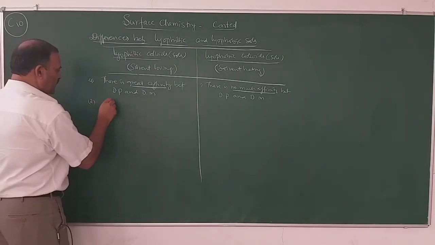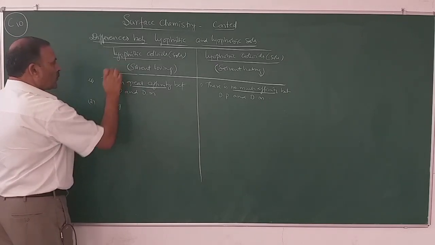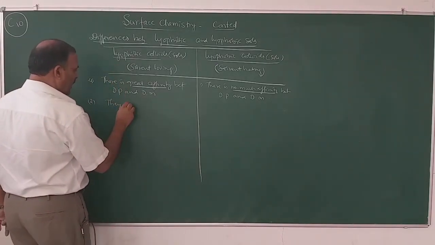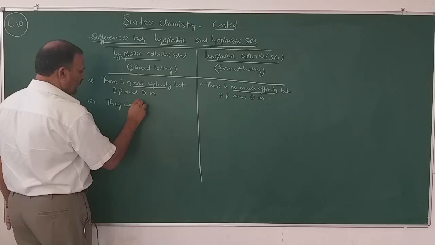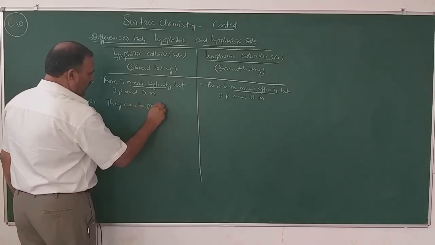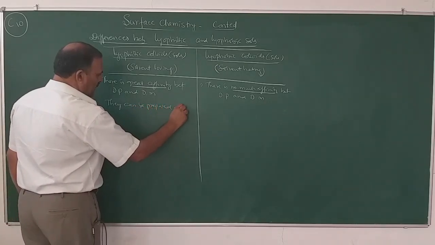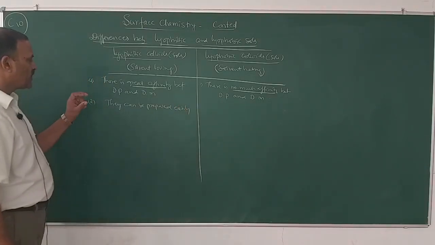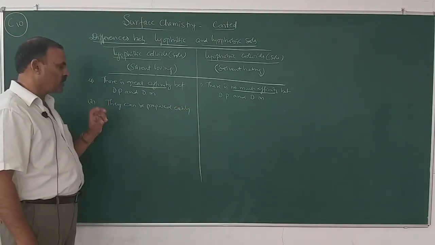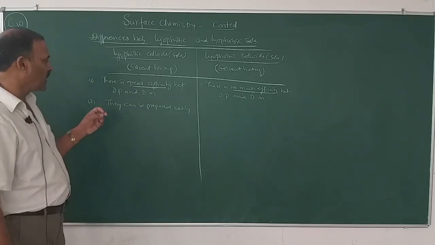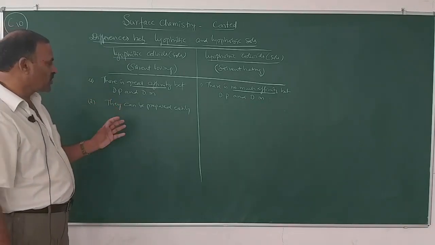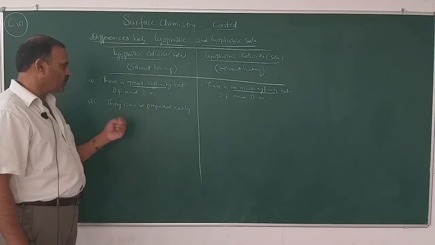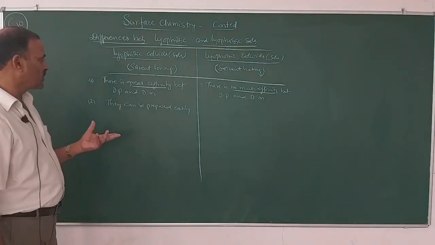Second difference, lyophilic colloids can be prepared easily. Easily means when the dispersed phase is shaken with the dispersion medium. For example, when starch particles are shaken with hot water, you will get a beautiful starch solution.